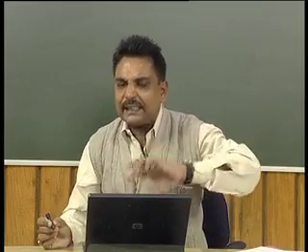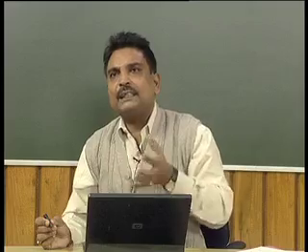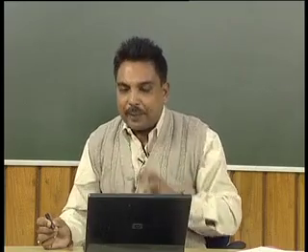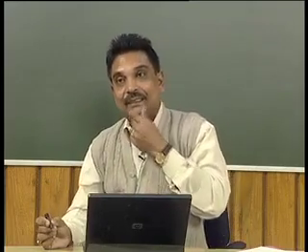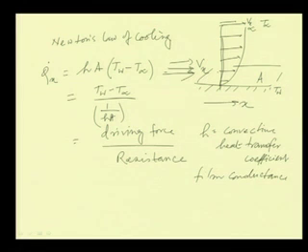So, convection and conduction phenomena take place in a combined way. However, h represents the overall mechanism of this heat transport, and therefore, h is called convective heat transfer coefficient, and 1 by hA is called the corresponding convective heat transfer resistance.